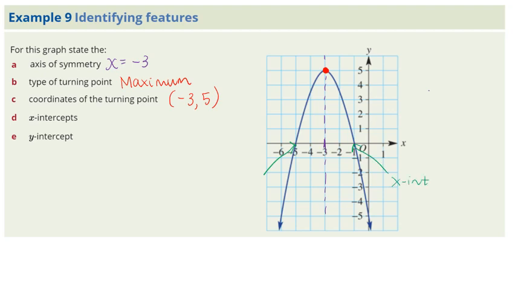So we've got an x-intercept at negative 5 and another x-intercept at negative 1. And lastly, we're asked for the y-intercept, which is all the way down here, where the graph crosses the y-axis. So that's at negative 5.